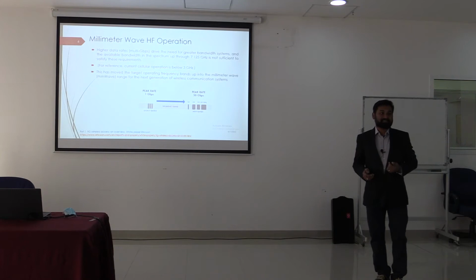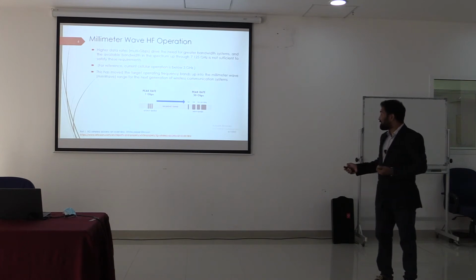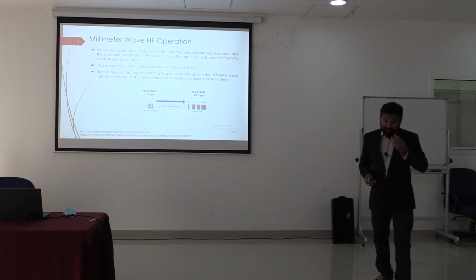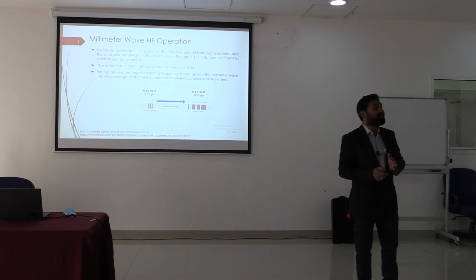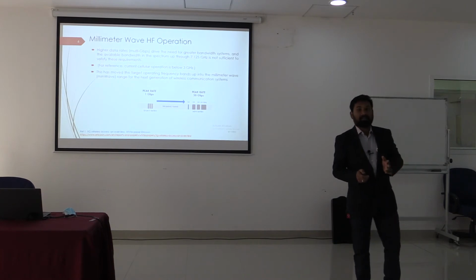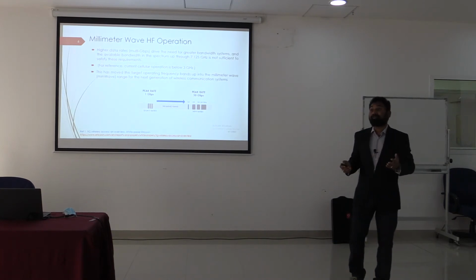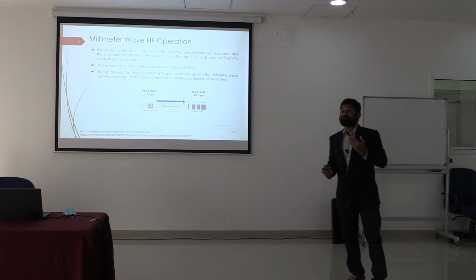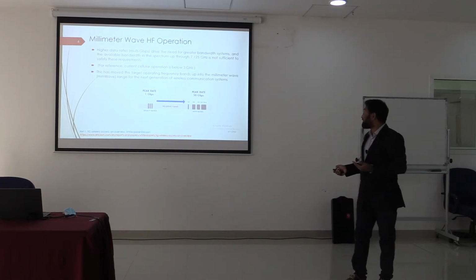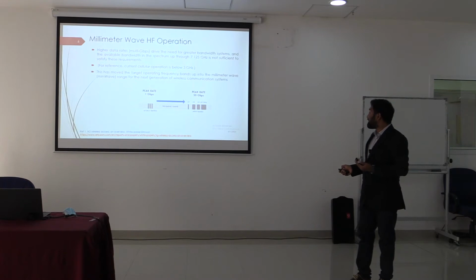What are the challenges when we suddenly move from the legacy bands to the new radio? The first one, as I already mentioned, is that there are no devices available. There is no user equipment. There is no amplifier. So we have to develop such systems to realize the applications provided at this particular frequency band.